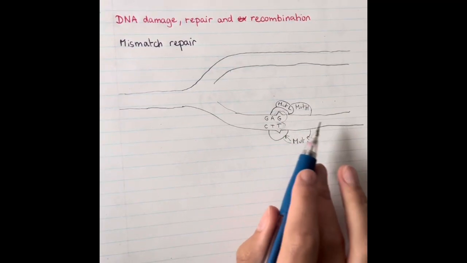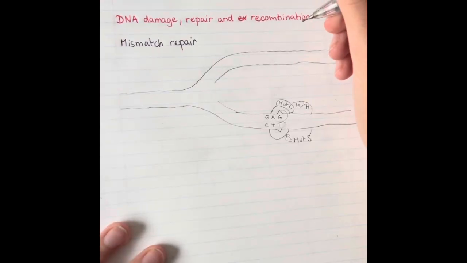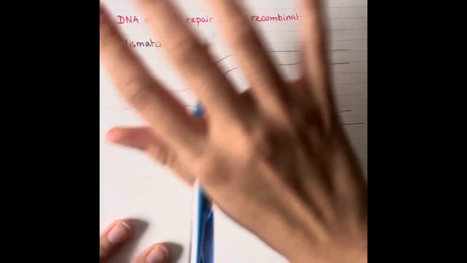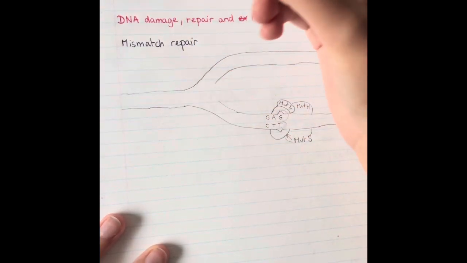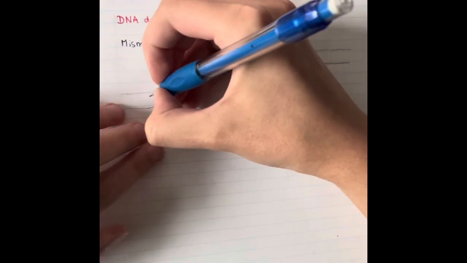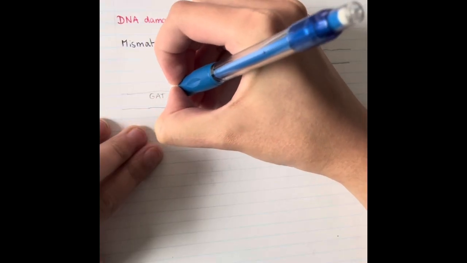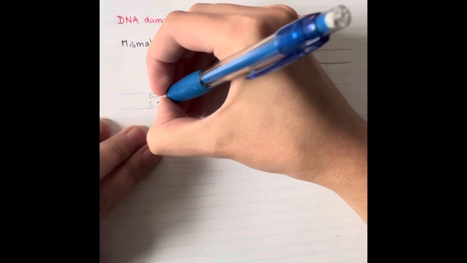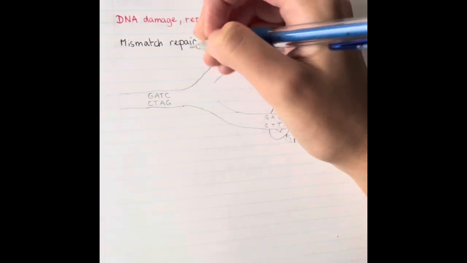But they have a way to differentiate between the parental strand and the daughter strand. There is something that is specific to DNA that is fully replicated, and that is that it is methylated. There is a site called the GATC site, and the other strand reads CTAG, but it reads the same, you know?